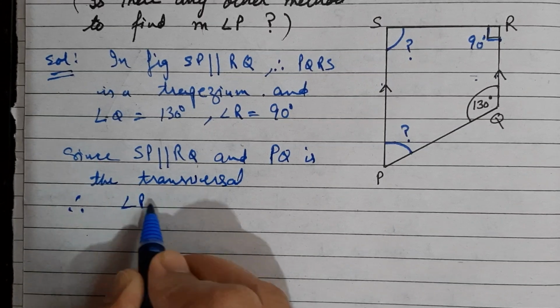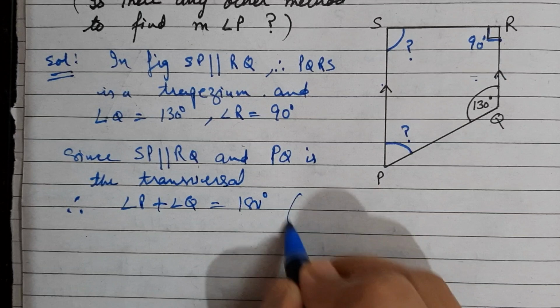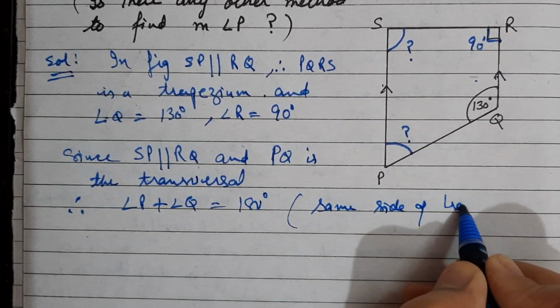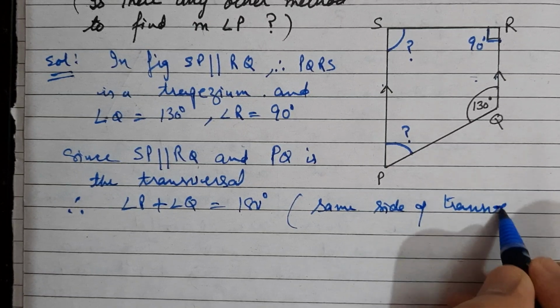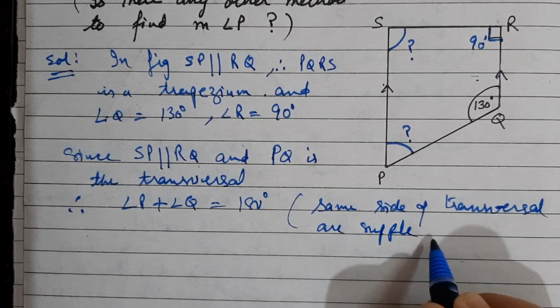Therefore, angle P plus angle Q is equal to 180 degree. Same side of transversal are supplementary angles.